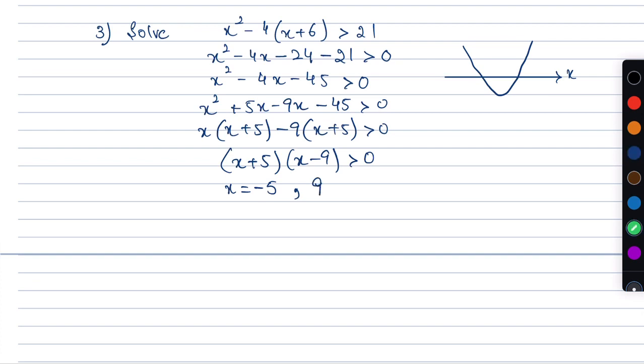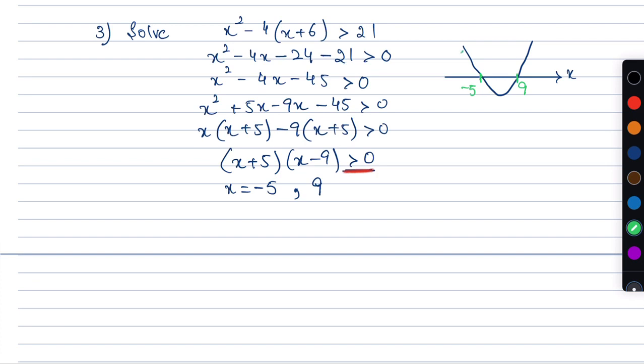So I can just plot the two roots here. It's negative 5 and 9. Again, what I see here is the inequality which says that the region has to be greater than 0. So now the thing to understand here is that whenever we have the inequality which is greater than 0, we are talking about the region which lies above the x-axis.